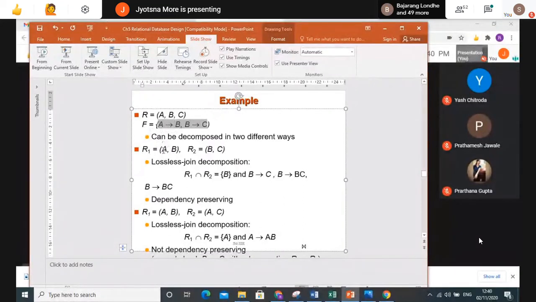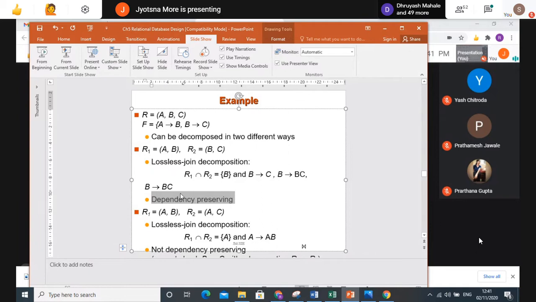Correct. If I'm taking A comma B, I can say A determines B, which is possible over here. Through this, I can say B determines C, which is possible here. So all the functional dependencies I am getting with the help of this division or decomposition, and that is the reason I have written here dependency preserving. Okay. This part is clear, everyone?